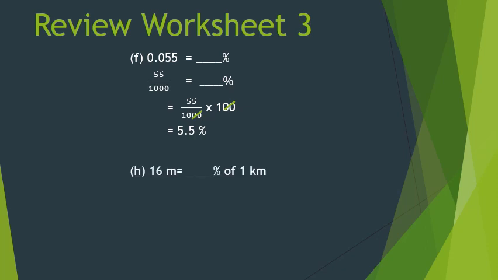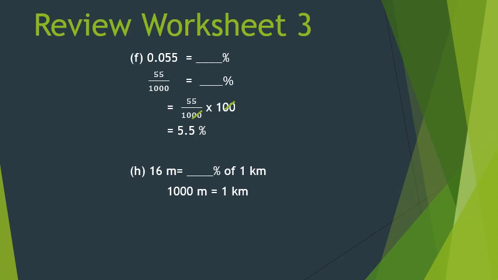Now let's move to the next part. Here you have to write 16 meter is equal to how much percent of 1 kilometer. So now children, as we know that 1000 meter is equal to 1 kilometer.